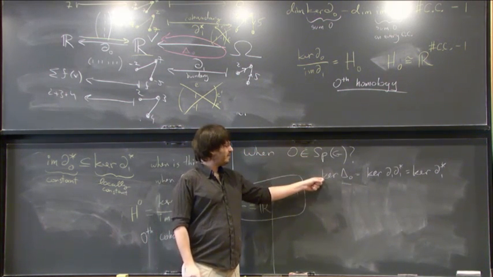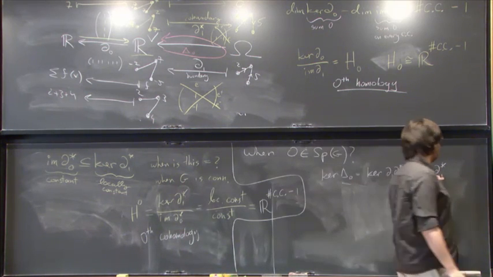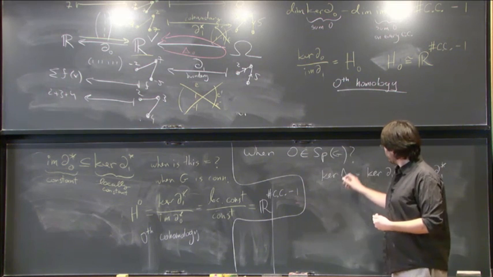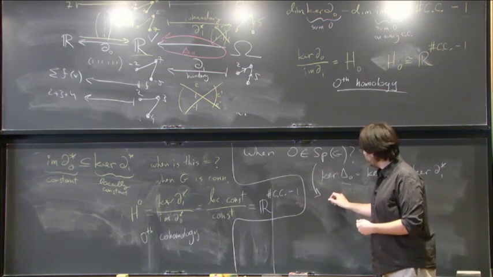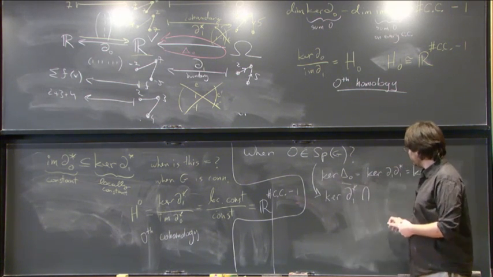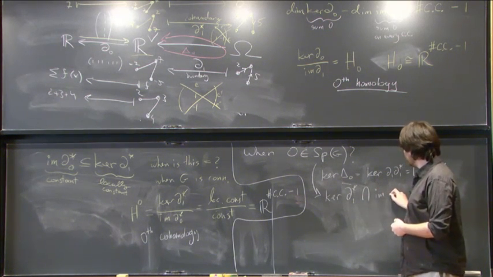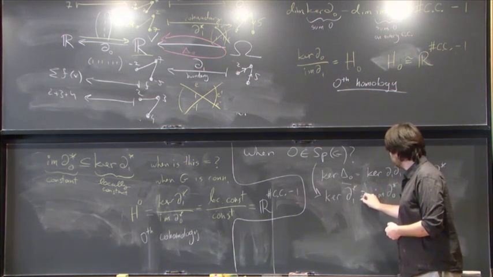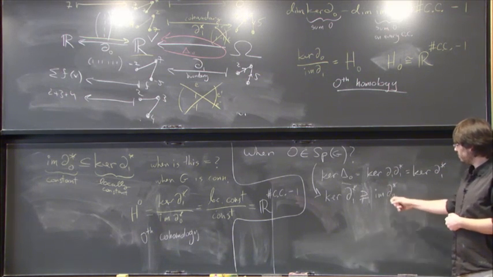So 0 in the spectrum means that we have something in the kernel of del 1, but now we need concentration. We're only looking at the spectrum restricted to the orthogonal complement of the image of what's coming from below. So this is the same as having the kernel of del 1 intersecting non-trivially the orthogonal complement, or let's say just being strictly bigger than the image, right?